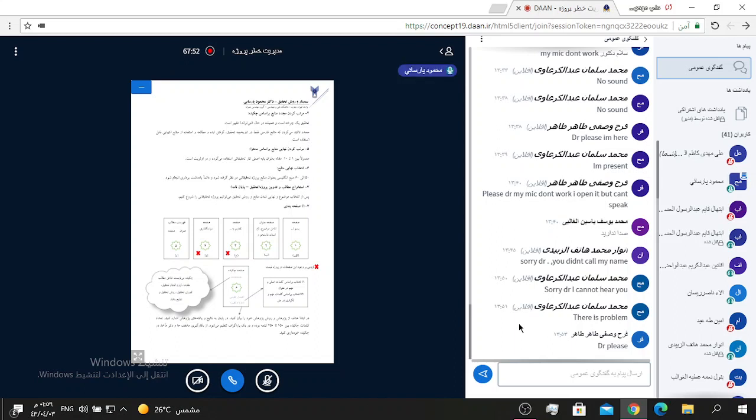So Aleph or A, after that B, according to the Arabic alphabet, okay? The first page is the title of your project, such as this part.